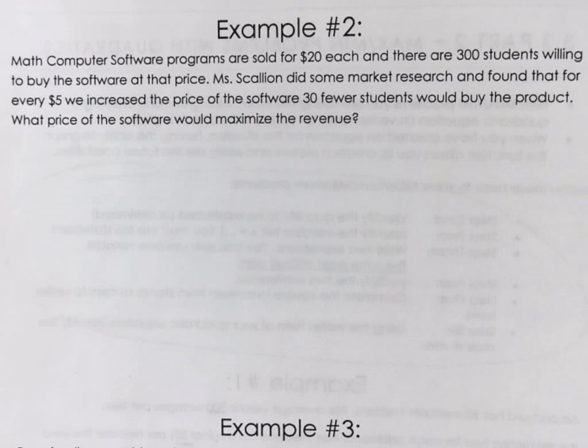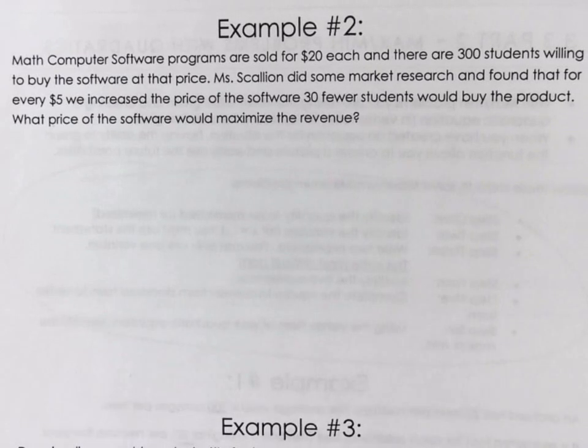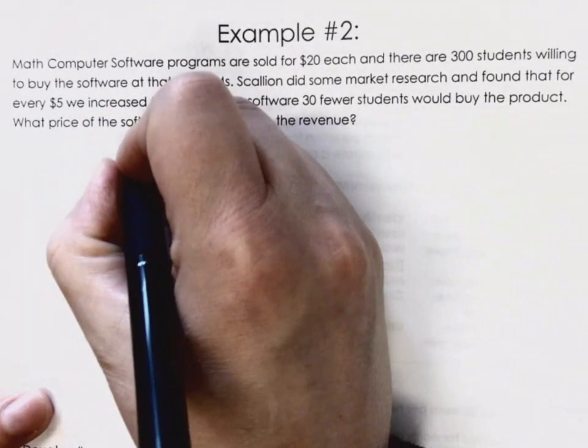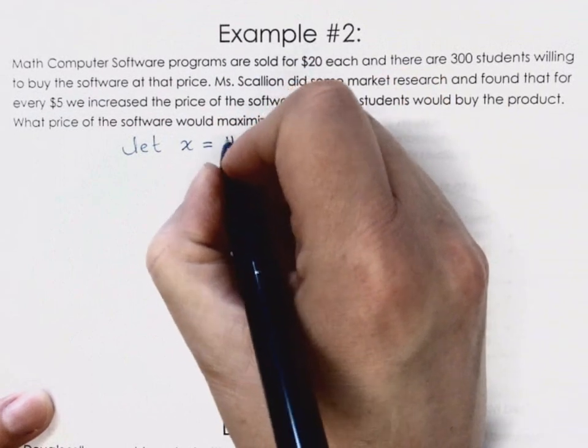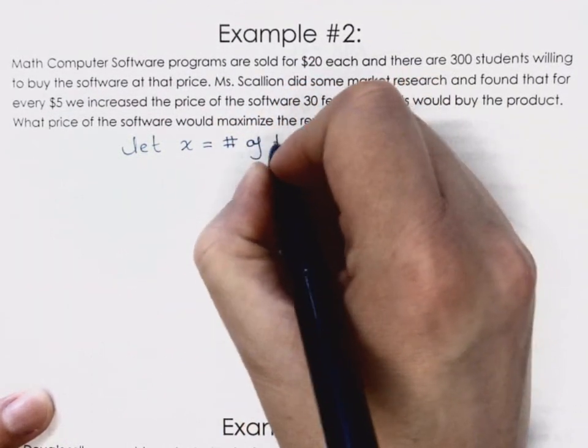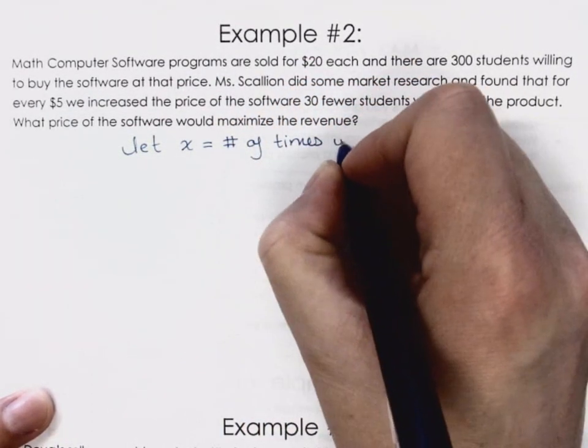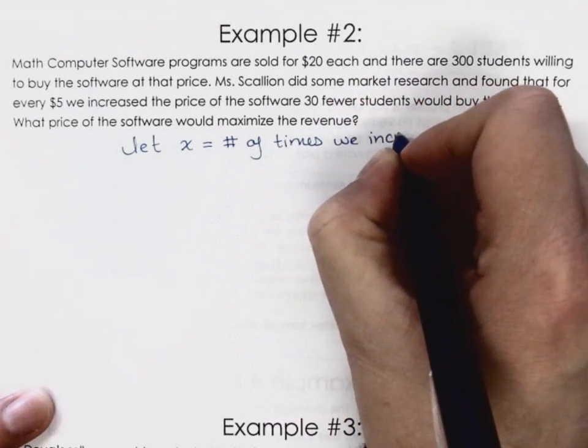Okay, so what's the thing that we're increasing? We're increasing the money, right? So we're going to say let x equal the number of times we increase the price.